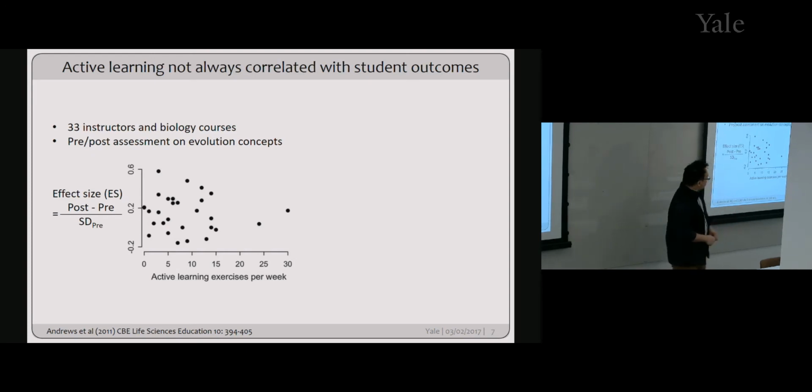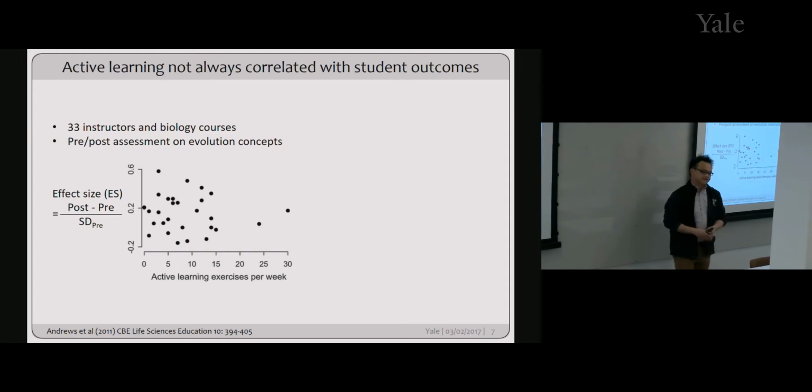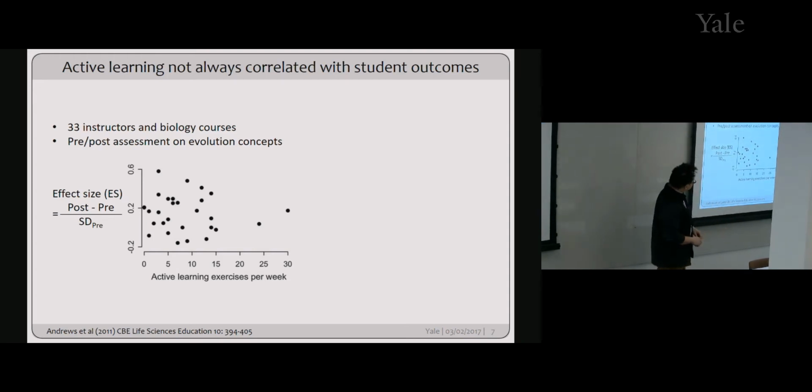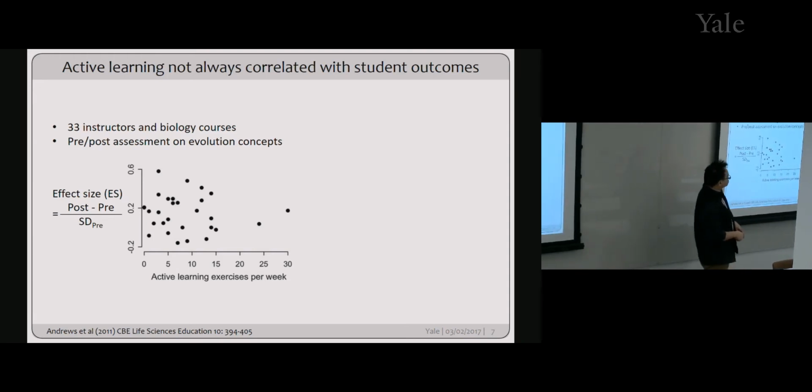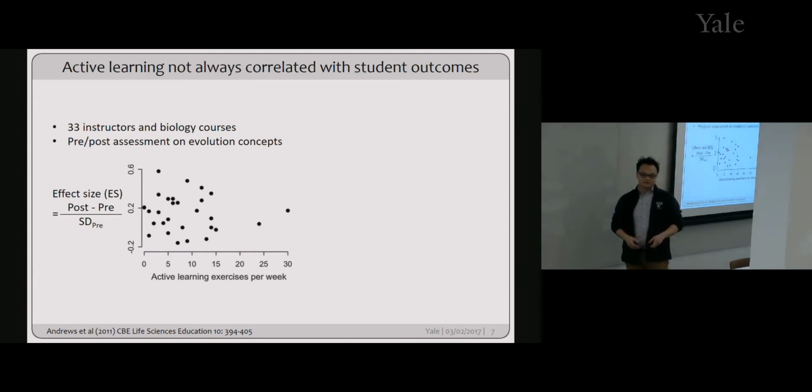They also gave students a test on evolution at the beginning and at the end of the course. Essentially they found no correlation between student learning and the number of active learning things these instructors did in their courses.